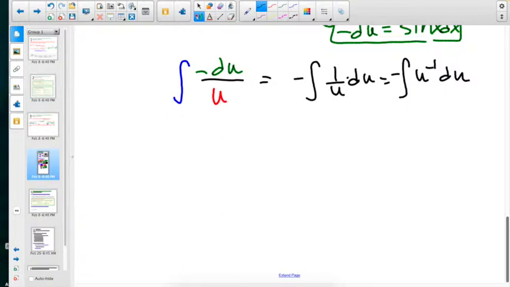What's the antiderivative? U to the 0. Wait a minute. U to the 0 divided by 0 was a problem, right? What is the antiderivative of 1 over u? Natural log. Exactly. So we have minus the natural log of the absolute value of u plus c. We can't bump this up to a 0 power and divide by 0, right? It's not defined.